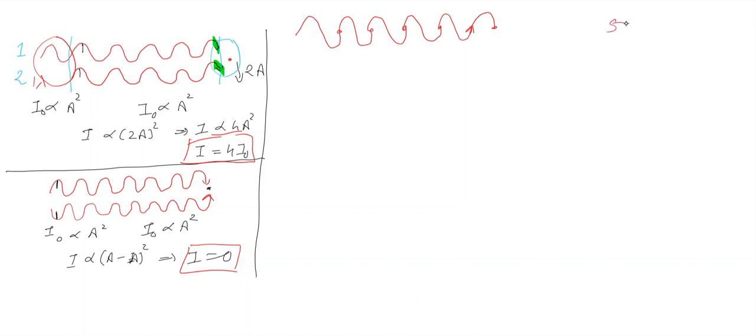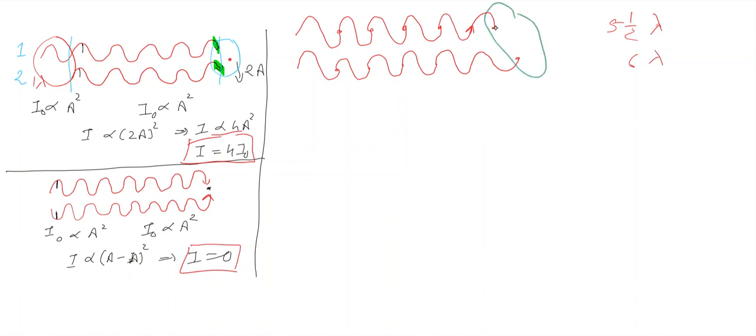So I have 5 and a half waves in the first wave train, and then in the second wave train, first wave, second wave, third wave, fourth wave, fifth wave, and sixth wave. So 6 lambda if I take. Now look at this condition. The two are producing effect in opposite direction, and hence the resultant intensity will be less. So what is the difference between the paths of the first and second wave? The difference of path is half lambda.